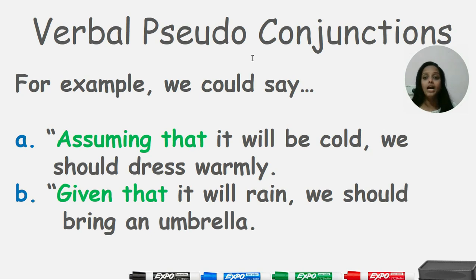For example, I screamed the moment I saw the spider. The moment I saw the spider, okay? And verbal pseudo conjunctions, words like assuming that, given that, introduce conditions elegantly without sounding casual. Say, for example, we will proceed assuming that you agree.